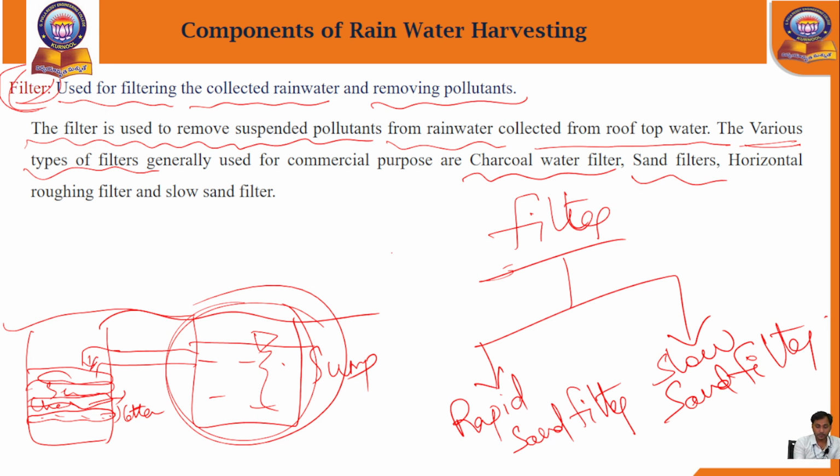From the top surface to the bottom surface, the water transfers and gets filtered, removing all the pollutants, and after that the water is again taken into another sump. Okay, we will see this concept now.